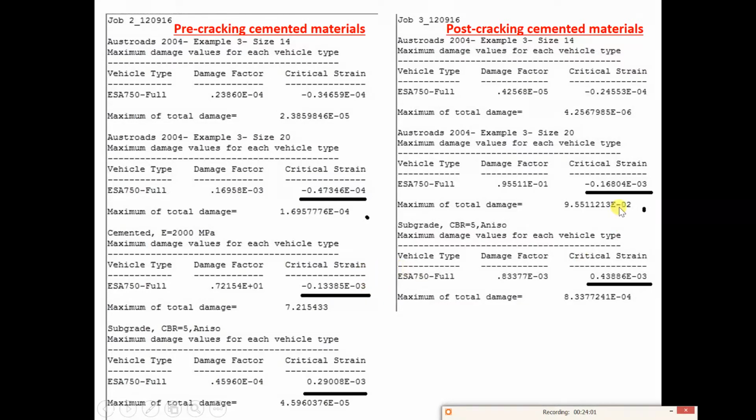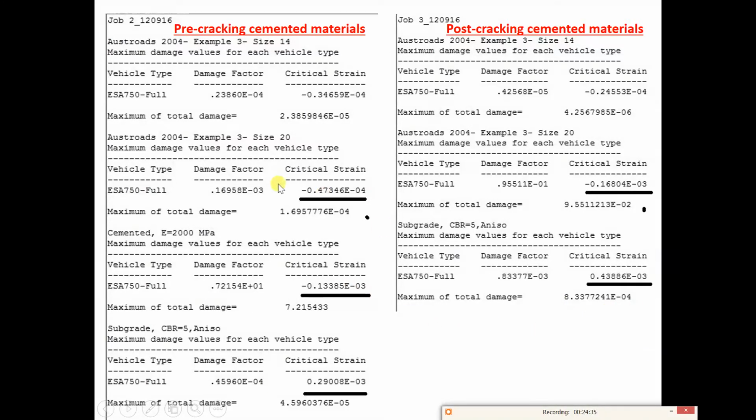But after post-cracking, you can check the cemented material again. Actually no, sorry. After it's cracked, the cemented material becomes a sort of stabilized material, in the same category as the granular pavement, so we don't consider that. We assume that the failure only happens at the subgrade.